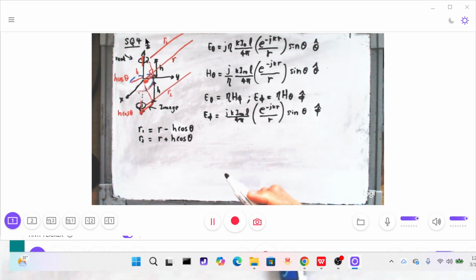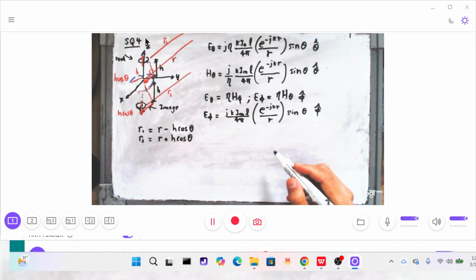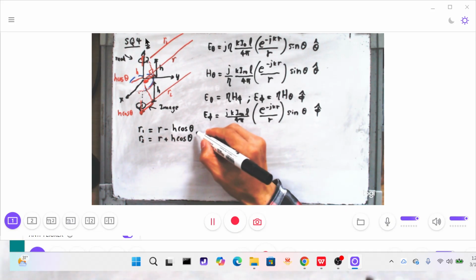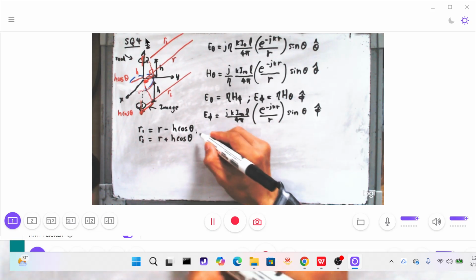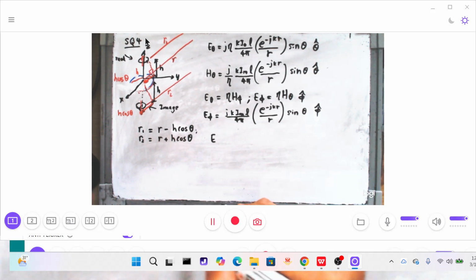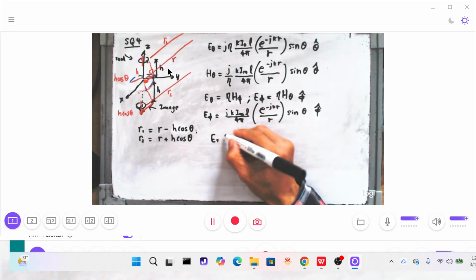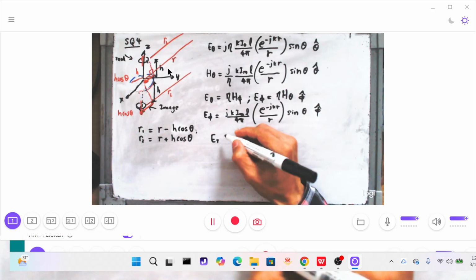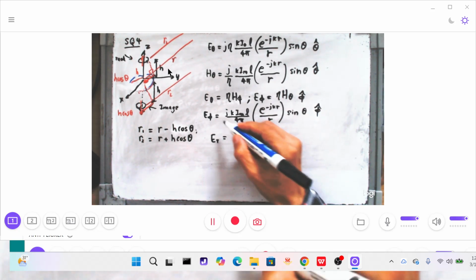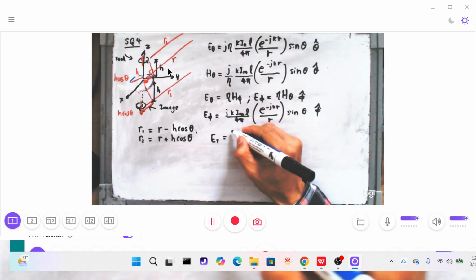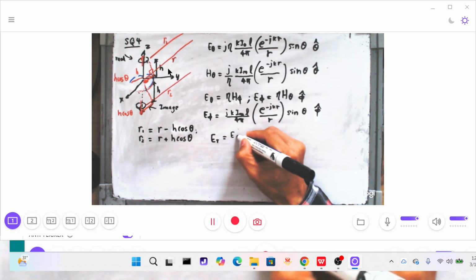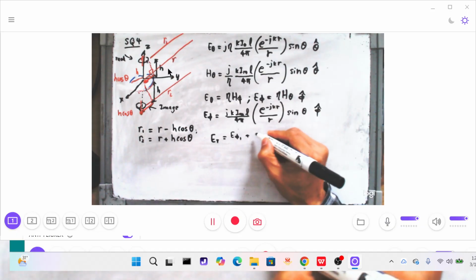So never get confused. So now the total electric field E of T is equal to E phi 1 plus E phi 2.